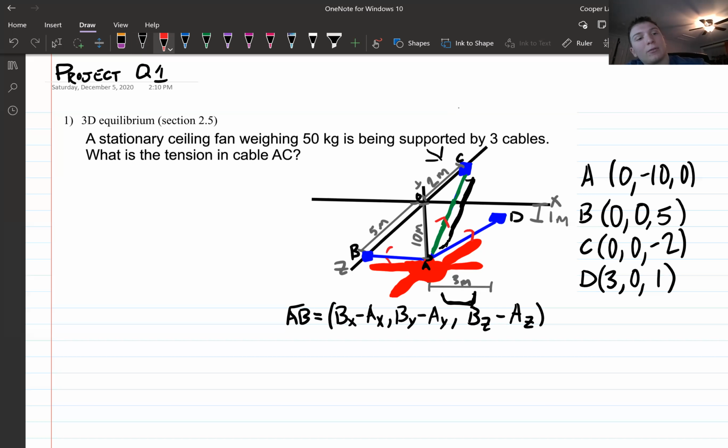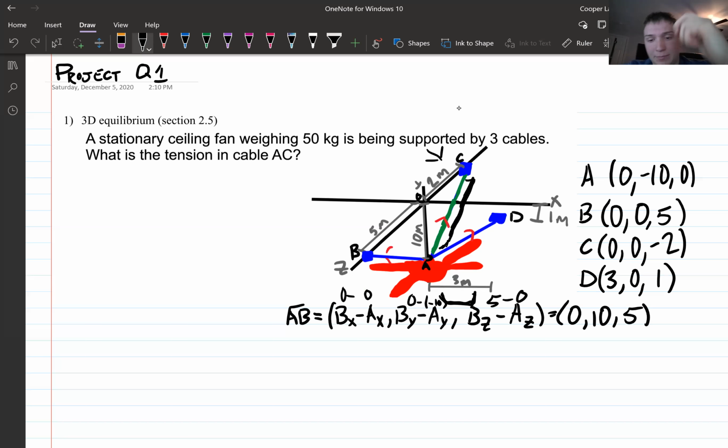So when I do this out, I end up getting 0, 10, 5, because it's 0 minus 0. Then I go here, and it's 0 minus a -10, which becomes +10. And then here, it's 5 minus 0, which gets us our point. Now I'm going to calculate the magnitude of AB.